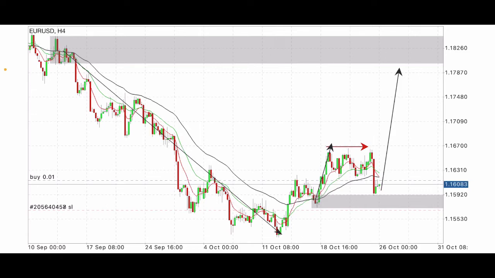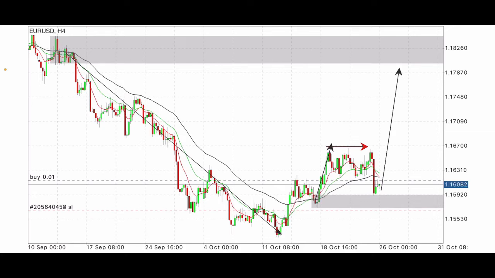So now our new structure is the red arrow and the gray zone. The gray zone is a new higher low, and then the red area is actually our new higher high. So guys, that's how we look at structure.